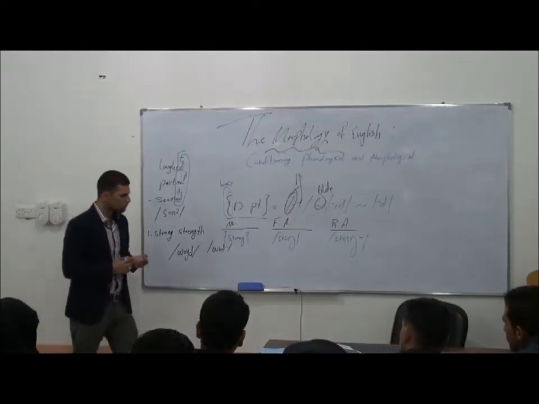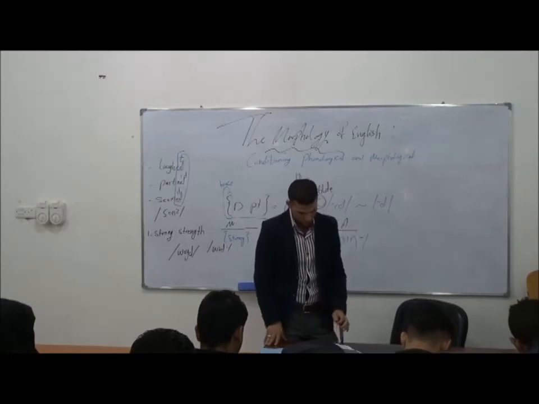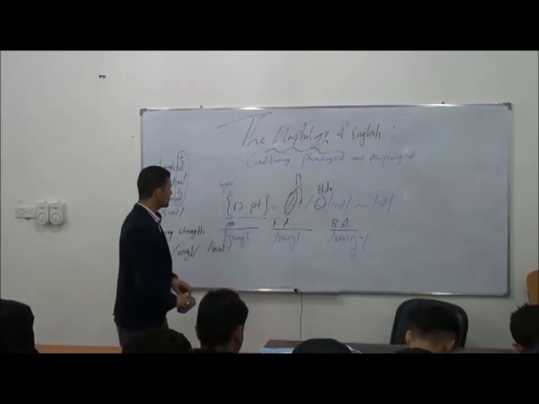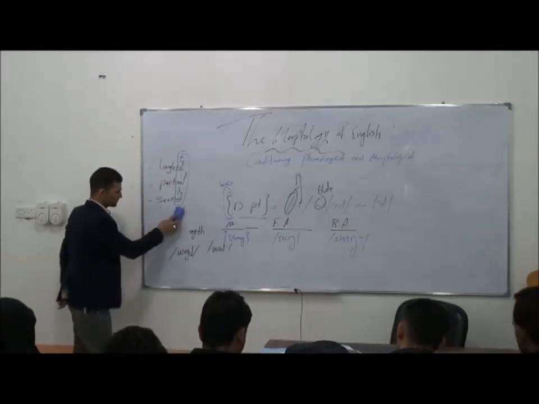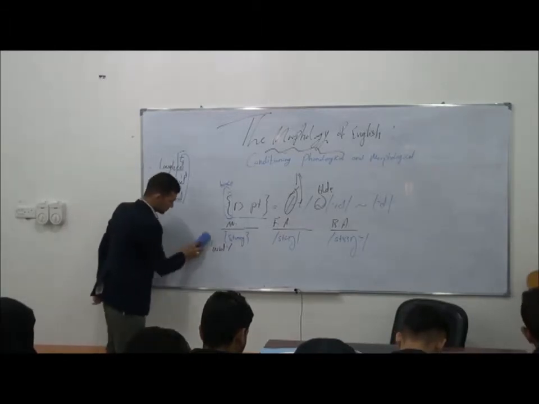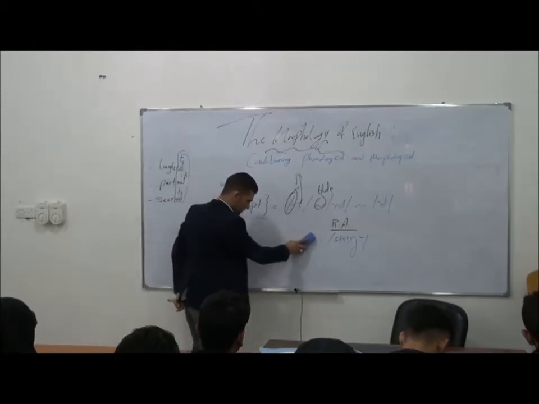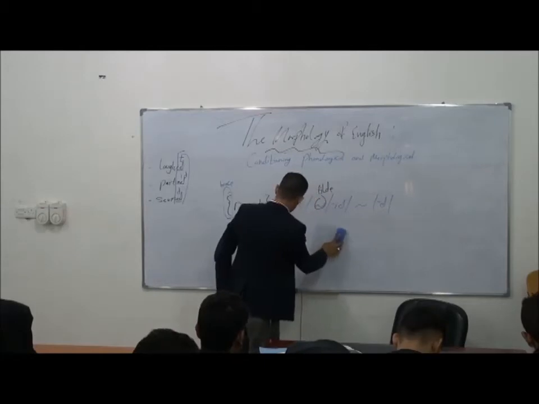Then we have the final topic, which is conditioning, phonological and morphological. Before we start, can you give me an idea about this topic? Haven't you asked the other sections for the definition of conditioning?